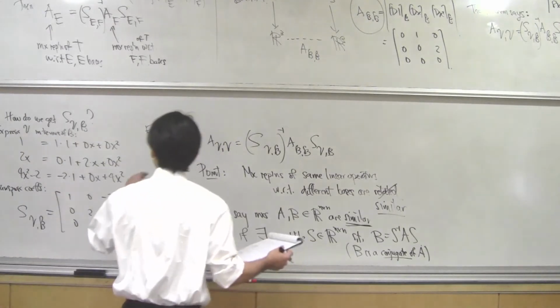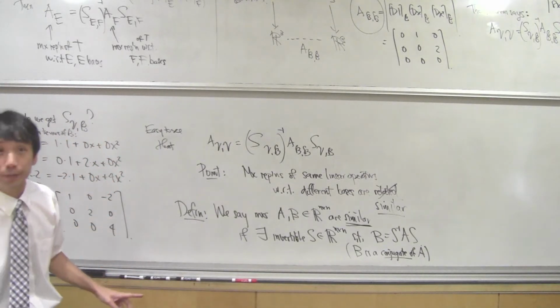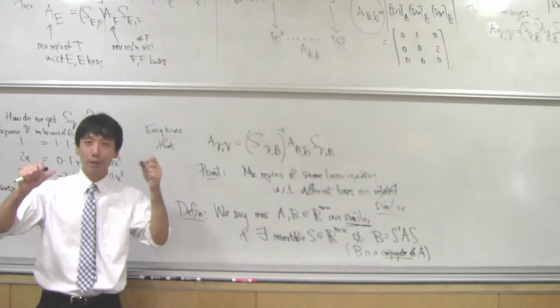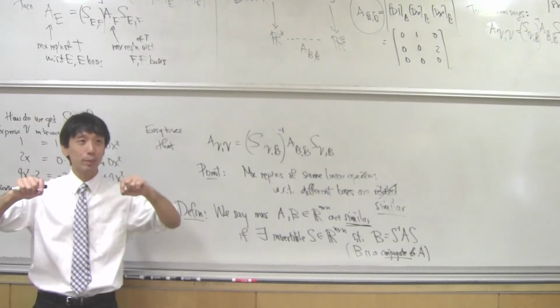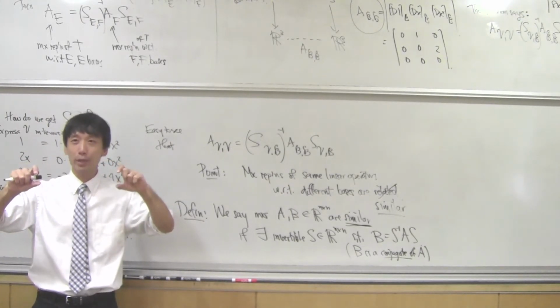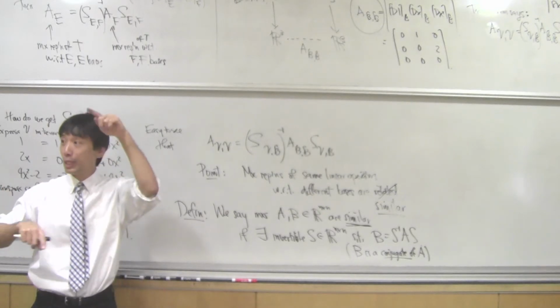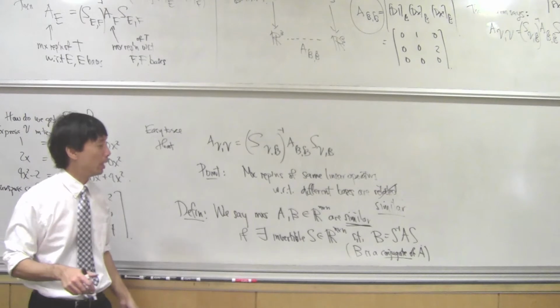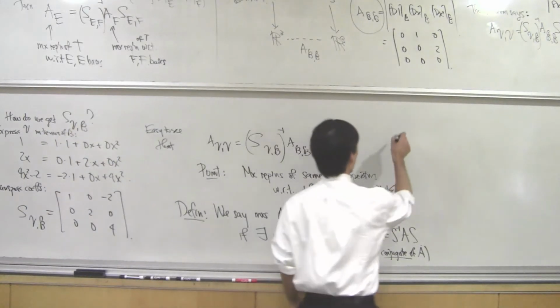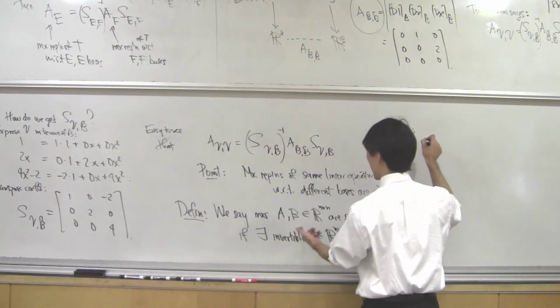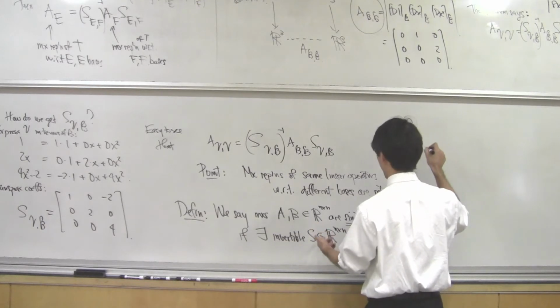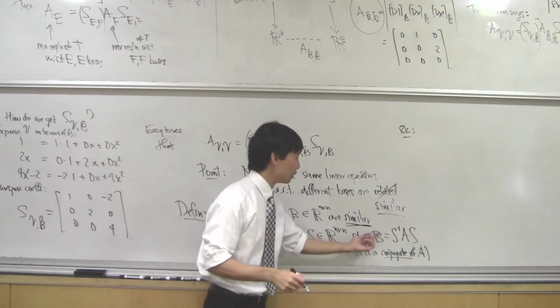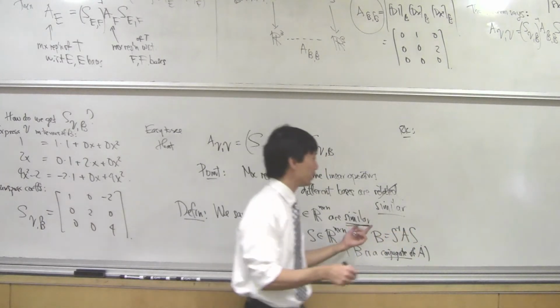Okay. So what's the point? The point is that if you have different matrix representations of the same linear operator, then the matrices are similar to each other. The matrices are conjugates of each other. Notice that of course, if A is similar to B, then B is similar to A, right?